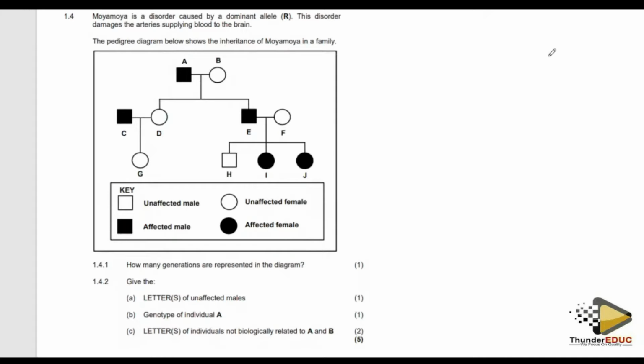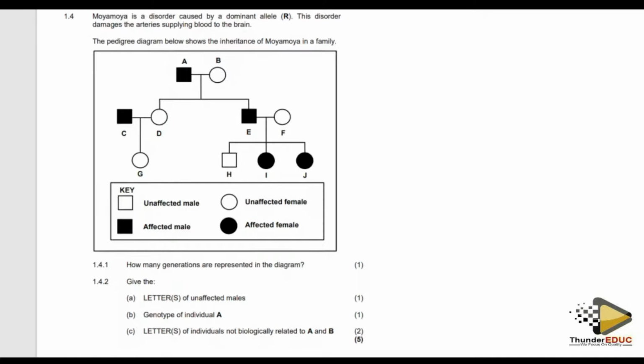It can be sex linked, it can be non-sex linked, it can be caused by a dominant allele, or it can be caused by a recessive allele. So when you are trying to answer these questions, you first have to know what this pedigree is caused by. Is it a recessive allele?